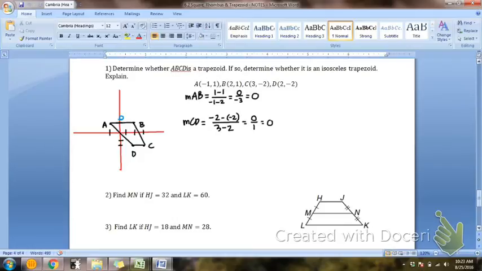Great. That means AB is parallel to CD, so I know that I have at least one pair of sides that are parallel. Do I want BC and AD to be parallel? No, because if it's a trapezoid, only one pair can be parallel. So I need to find the slopes of BC and AD to make sure they are not the same.